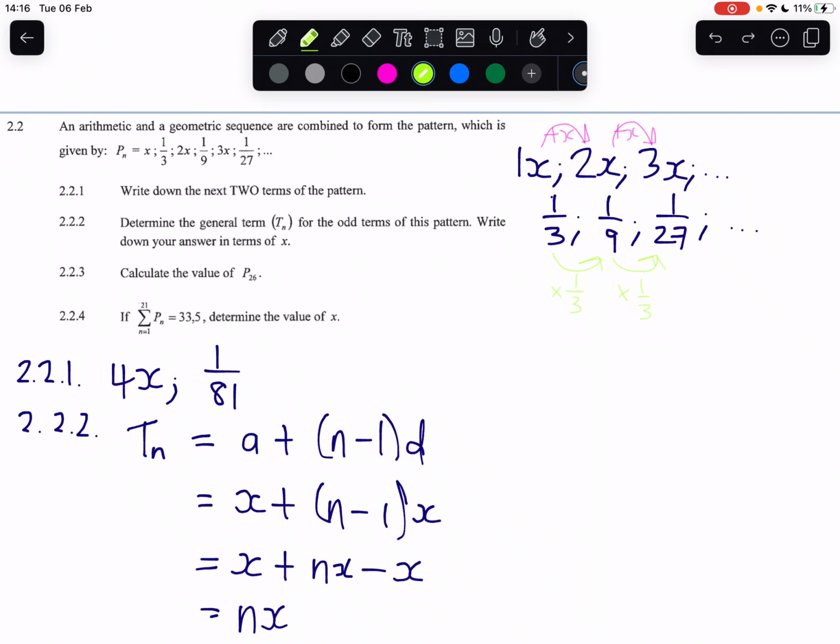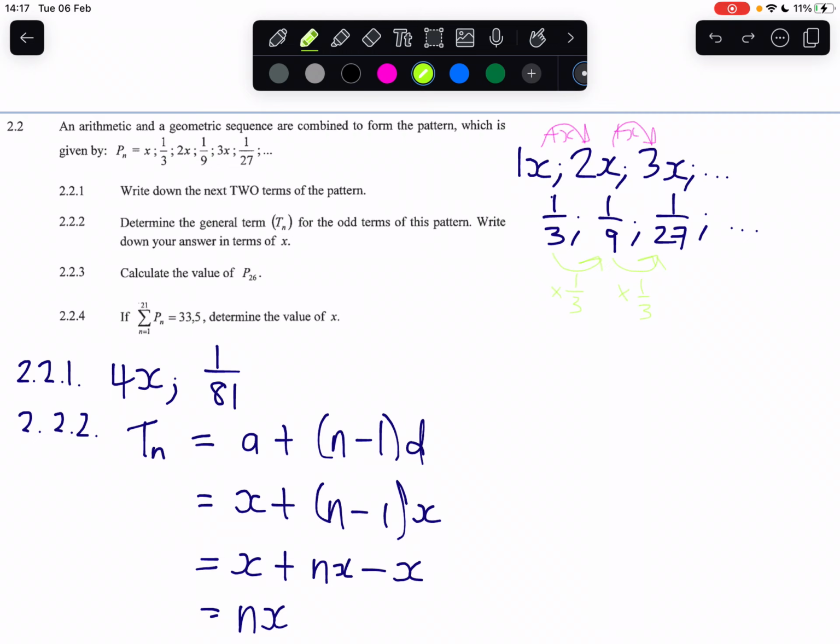So we are not talking about n relative to the sequence P. We're talking about n relative to a subsequence. That is why n equals 1 for this term, n equals 2 for this term, n equals 3 for this term, not n equals 1, 3, 5. I hope that makes sense. I don't know if that was just a personal confusion.